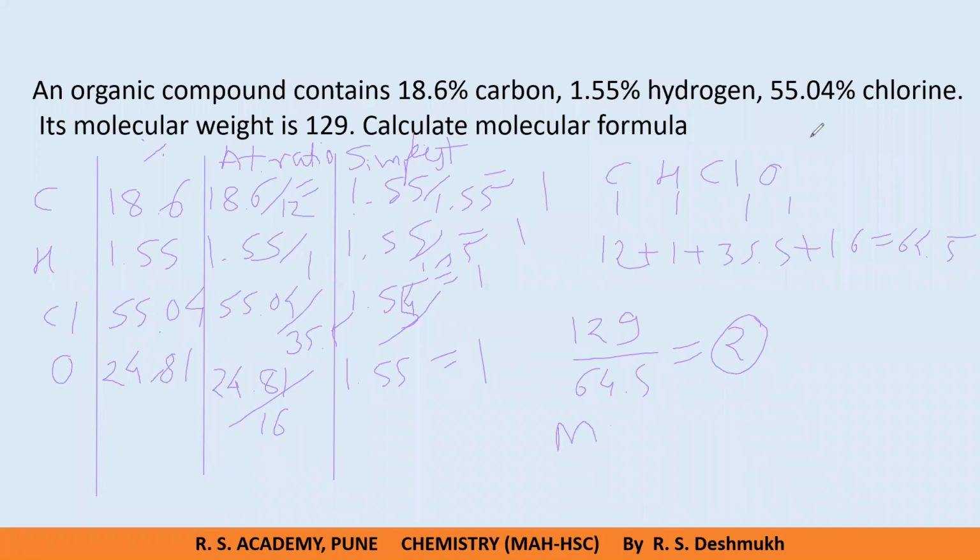But we know that is equal to molecular formula upon empirical formula. So I will say it is 2 into the empirical formula. So this is 2 into CHClO, that becomes C2H2Cl2O2, and this is the molecular formula of the given compound.